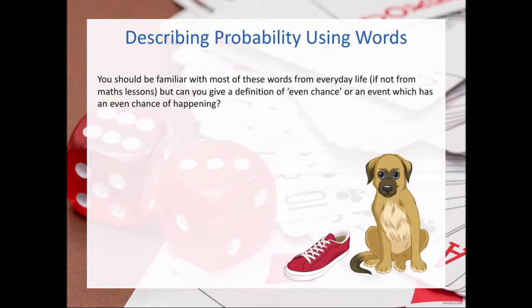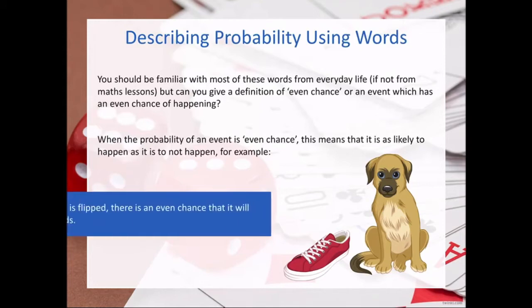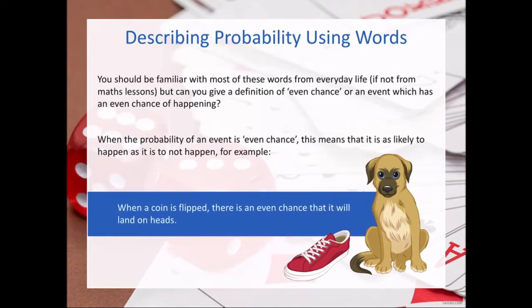But can you give a definition of even chance, or an event which has an even chance of happening? When the probability of an event is even chance, this means that it is as likely to happen as it is not to happen.